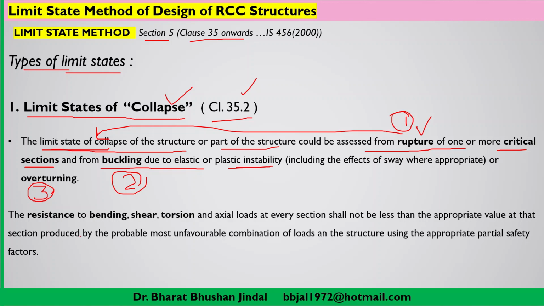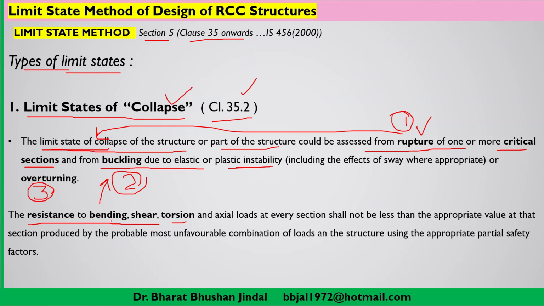So what we have to do in the case of the limit state of collapse is consider the resistance to bending, shear, and torsion. Resistance to bending we are relating to buckling or to rupture. Shear means there may be some rupture, some cracks can be observed. Torsion may result in overturning, so they are interrelated terms.